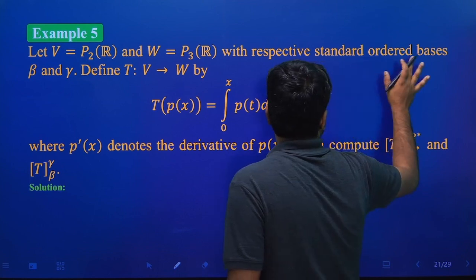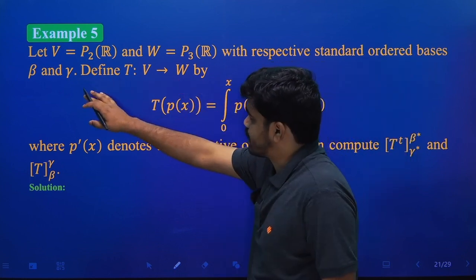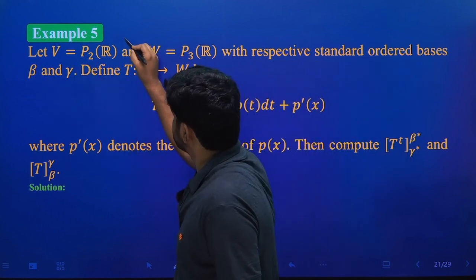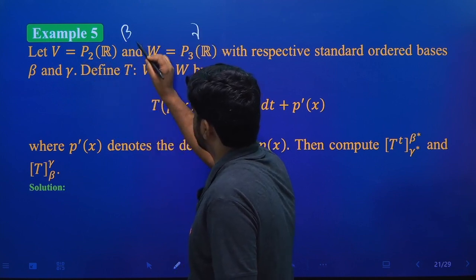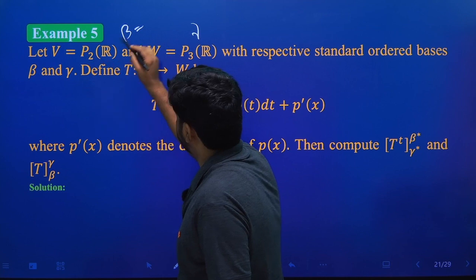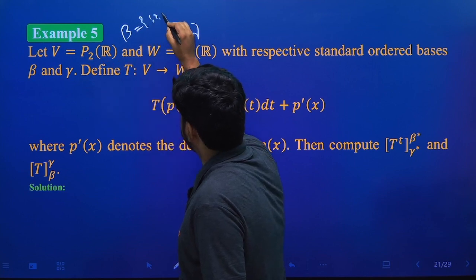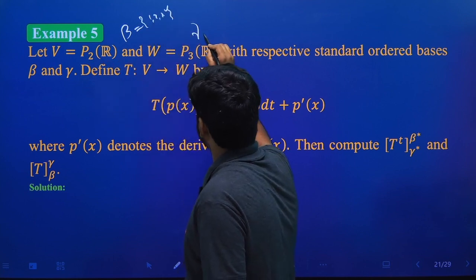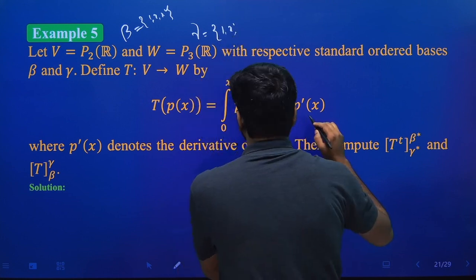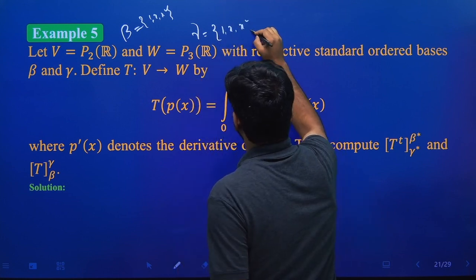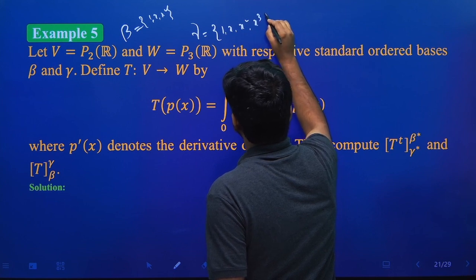With respect to the standard ordered bases beta and gamma, beta is for V and gamma for W. Beta for P2 is 1, x, x square. Gamma is 1, x, x square, x cube, right?